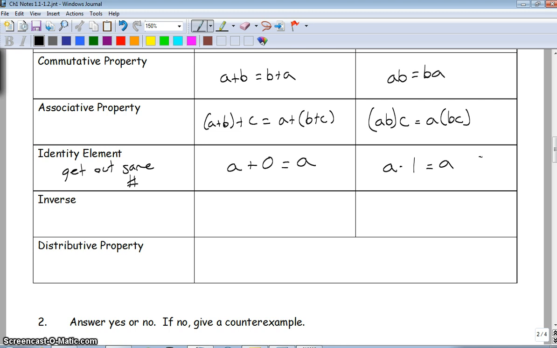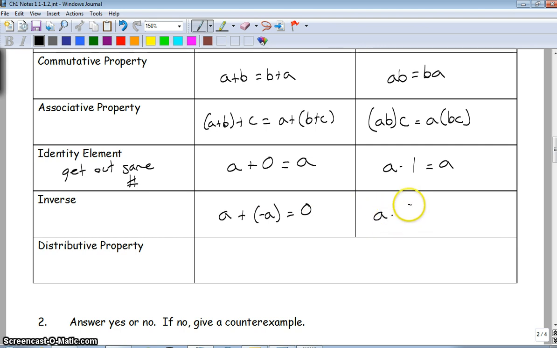An inverse means it's kind of the opposite of what we just did. For adding, they add to 0. So if I add A and then I add the opposite of A, I'm going to get 0. So it's the opposite of the identity element. What gets us to 0? For multiplication, it's what gets us to 1.